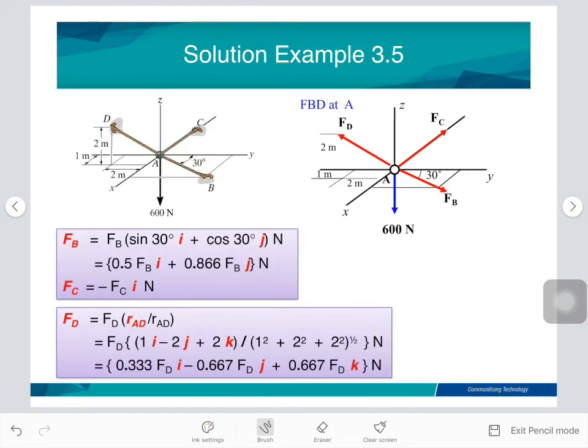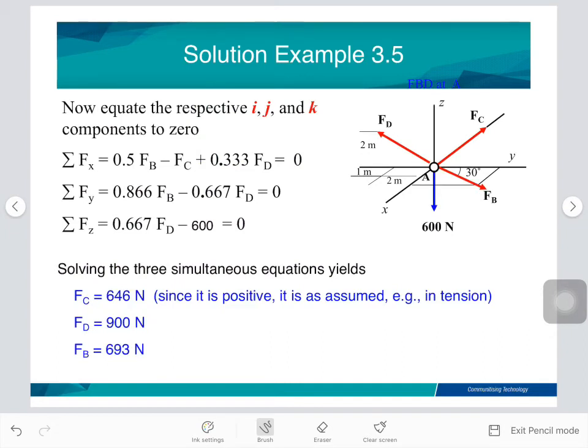Okay, so here you can simplify the FB in Cartesian, and here is TC in Cartesian, and then here you have the TD in Cartesian. Then you can equate respectively into i, j, k. So now you equate into the respective components i, j, k.